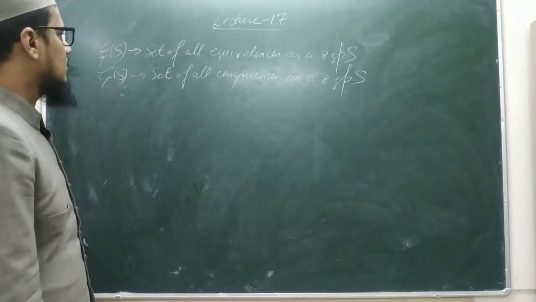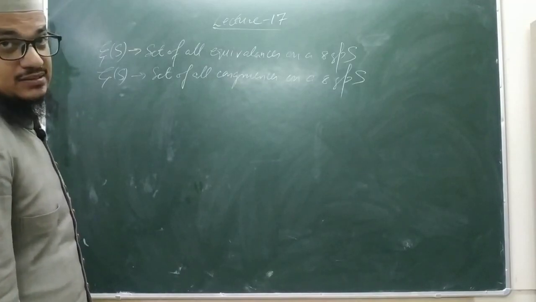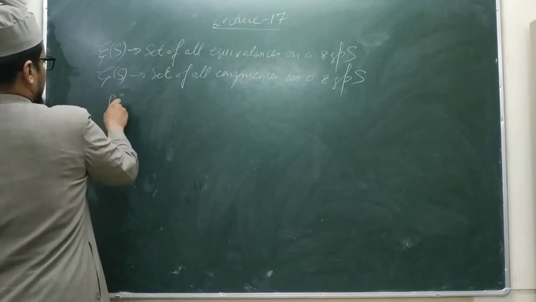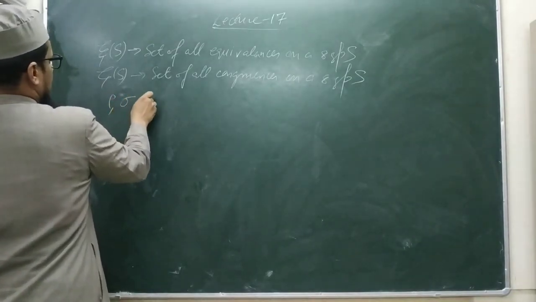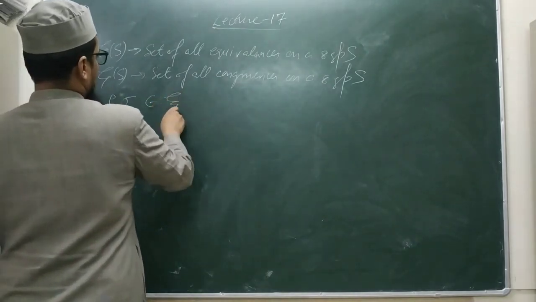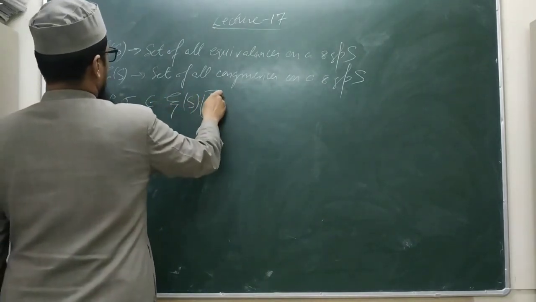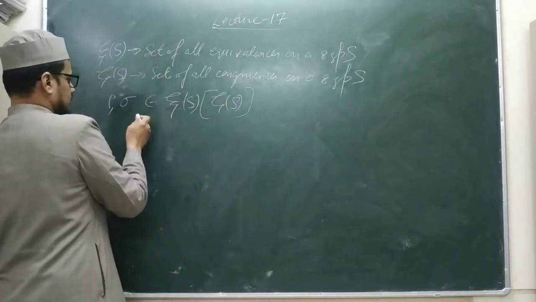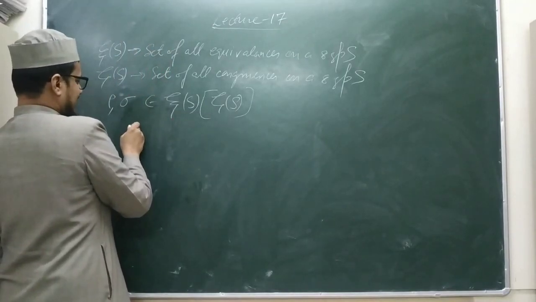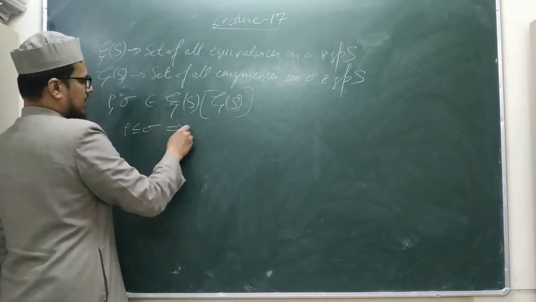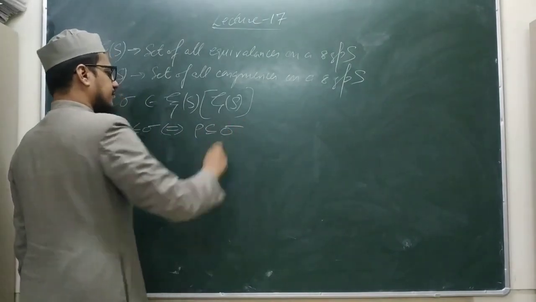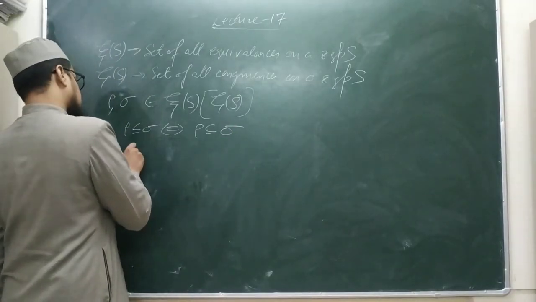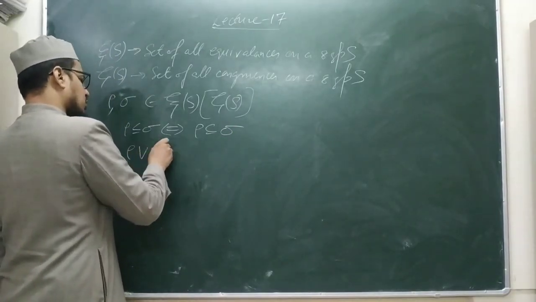These sets form a complete lattice. See, if we take rho comma sigma belonging to these sets, then the partial order is defined like this: when rho is contained in sigma. So the least upper bound is what?